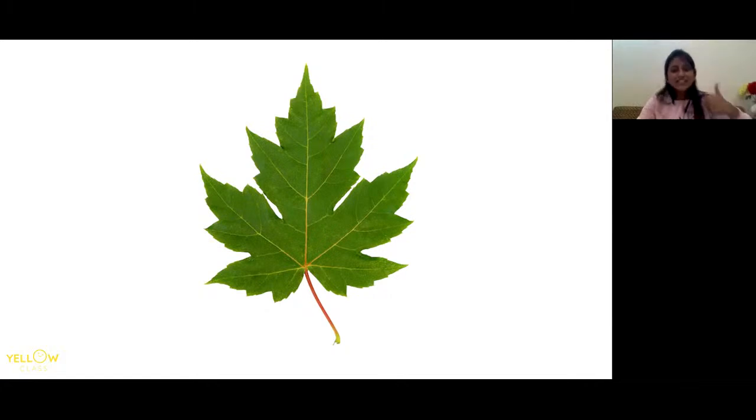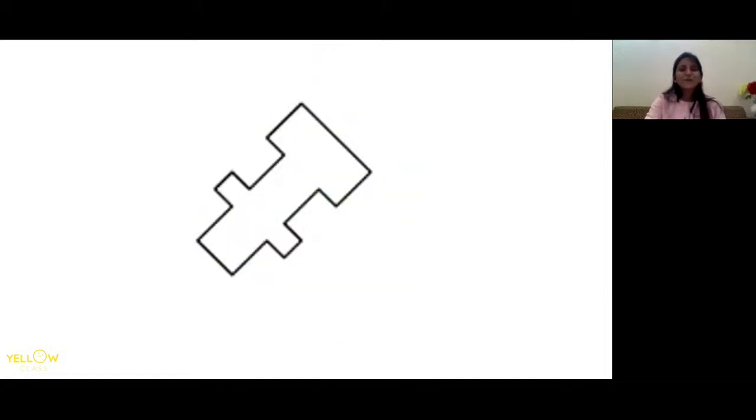So let me give the answer. Yes, it is symmetrical. Let's see on the screen. Along this yellow line, it is entirely symmetrical. See, it is such an intricate shape of the leaf, and still it is so symmetrical. Isn't it interesting, fascinating for all of us to know?